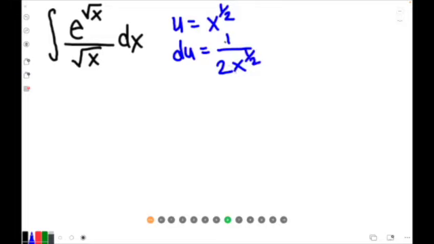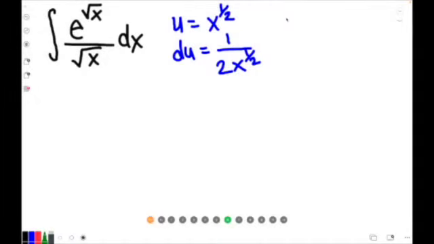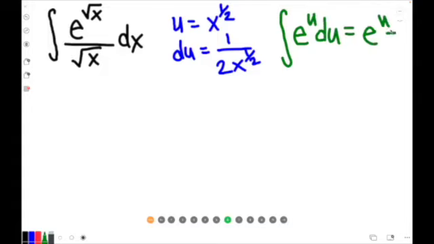We just need to fit this into our pattern, which says that the integral of e raised to u du will just be equal to e to the u plus c. So right now we have e raised to u multiplied by du.